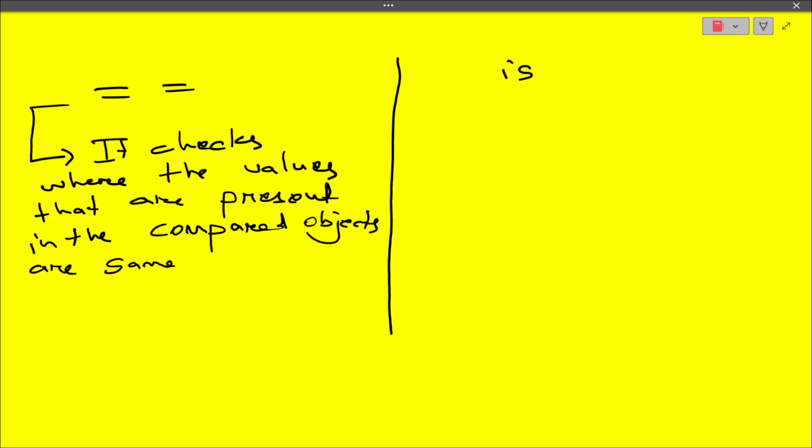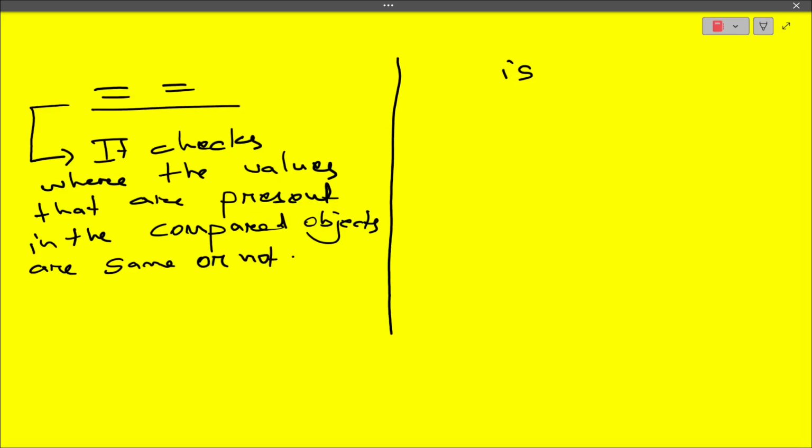Means there will be two values. If both values are same but they lie in different objects, then by using double equal to you will get the answer as true. That is what this means: compared objects are same or not.